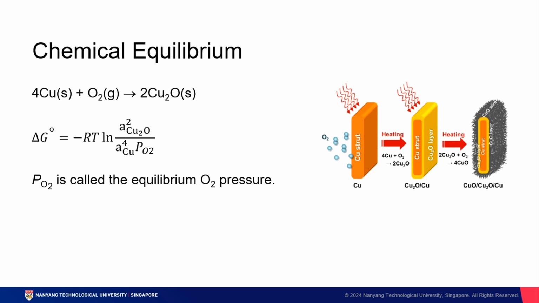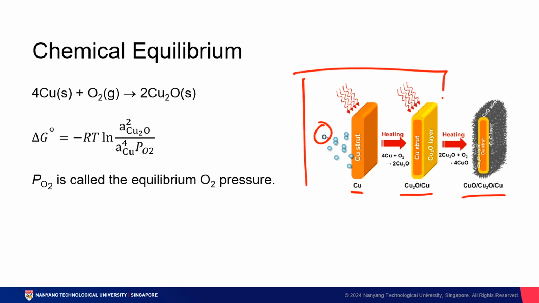So let's consider the example of copper oxidizing. We know that copper, in the presence of oxygen, will eventually oxidize to form these products. And if we were to oxidize it furthermore, it will end up with even more products such as the CuO wire.